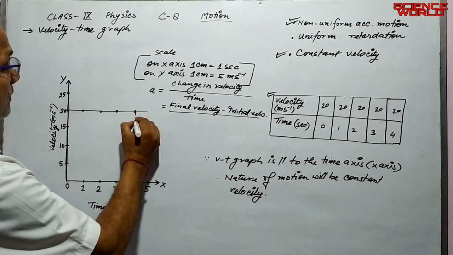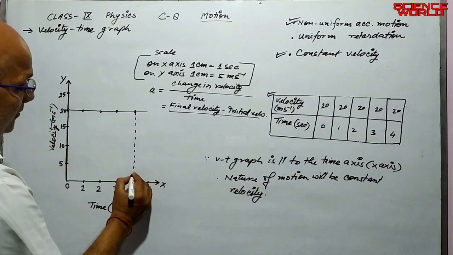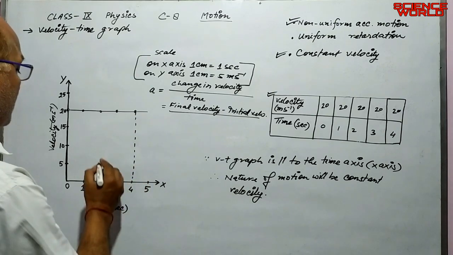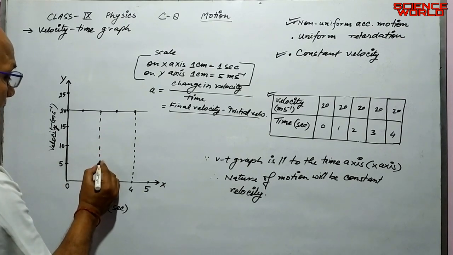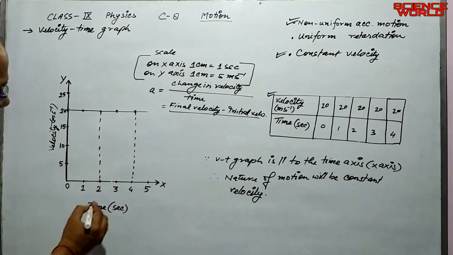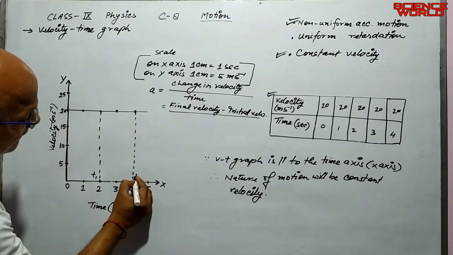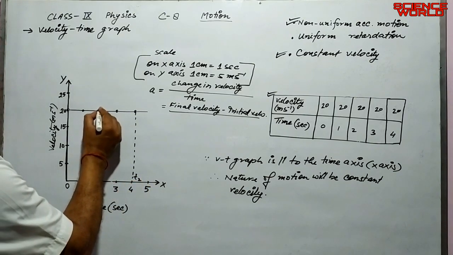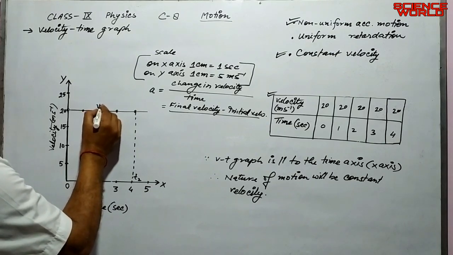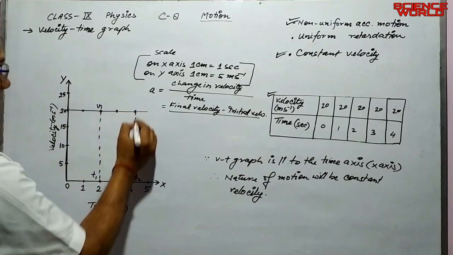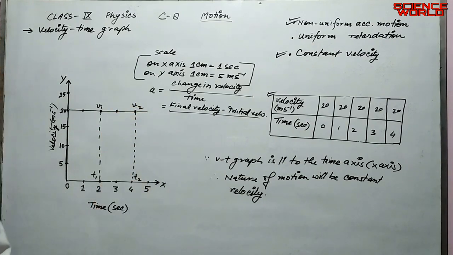So if you want to find the acceleration of the body between 2 and 4 seconds, let this time be t1 and this time be t2. When time is t1 the velocity is v1, and when time is t2 the velocity is v2.